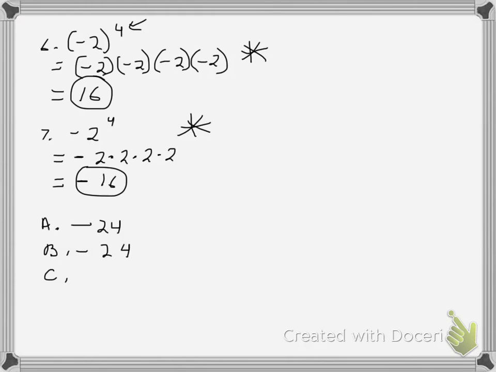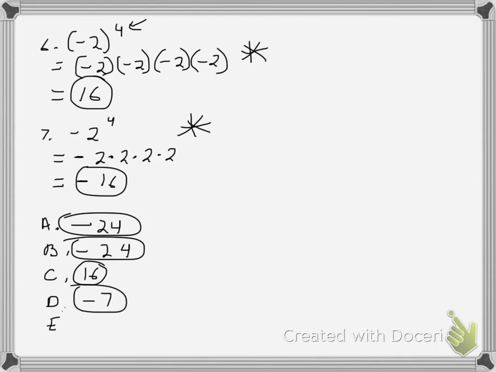C says, a negative times a negative, my answer is positive, 2 times 8 is 16. Could circle all these, I guess. D says, a positive times a negative, my answer is negative, and 7 times 1 is 7. E says, a negative times 0, my answer is going to be 0. Anything times 0 is 0.